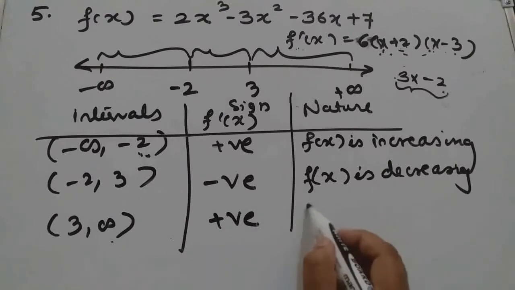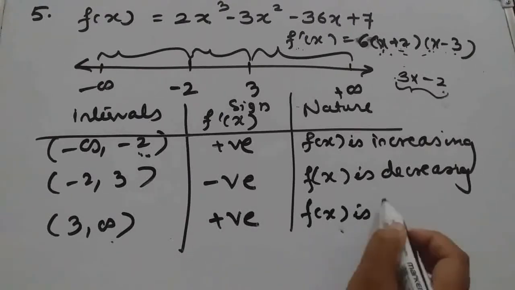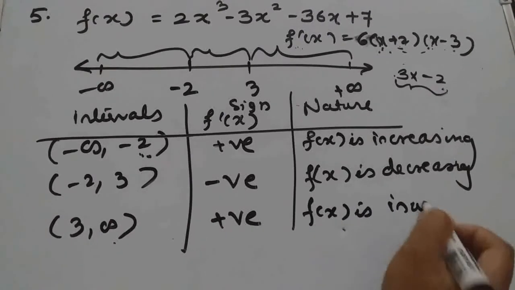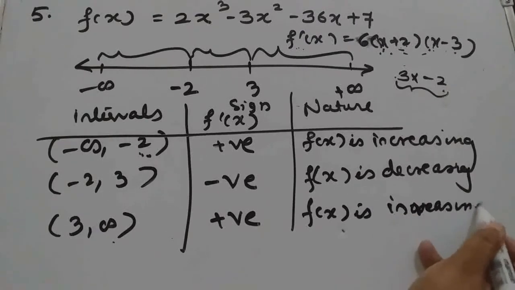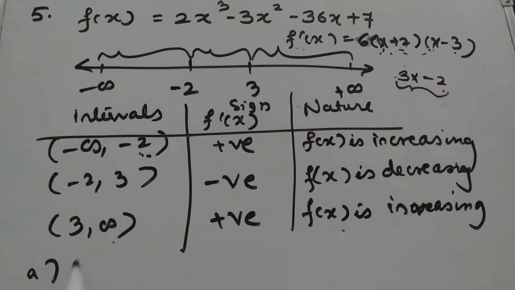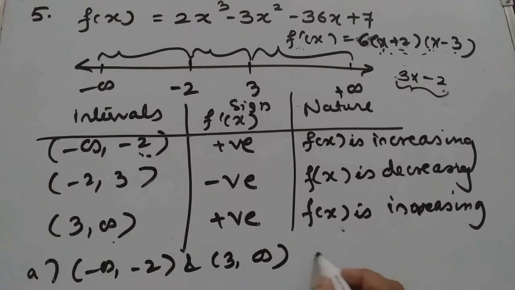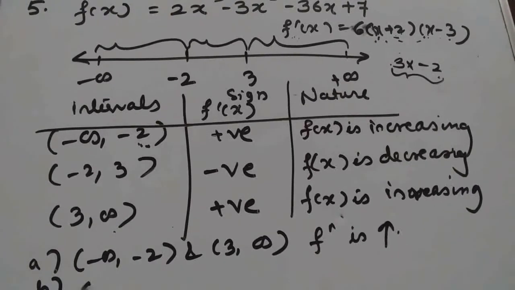Derivative is positive means the function is increasing. So for part A we can write the answer: in minus infinity to minus 2 and 3 to infinity, the function is increasing. And for part B, the answer is minus 2 to 3, where the function is decreasing.